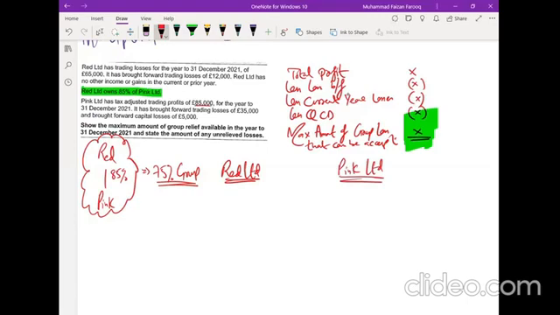And Red Limited is shifting its loss to Pink Limited, right or wrong? So Pink Limited is the one which is going to accept the loss. So we are going to calculate the maximum group loss Pink Limited can accept.